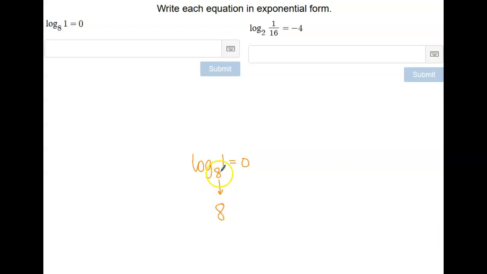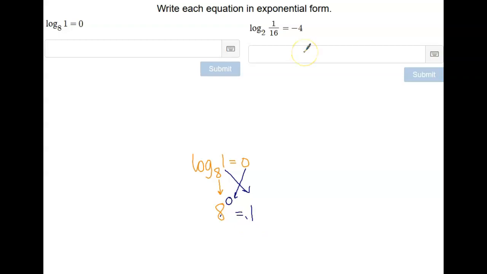Okay, so this base of the log is going to stay the base of the exponent. And then these two are just going to switch places. So this becomes the exponent and this one becomes the answer. And you should be able to check it. If you take 8 to the power of 0, you should get this number over here, which is true because anything to the power of 0 is always equal to 1.